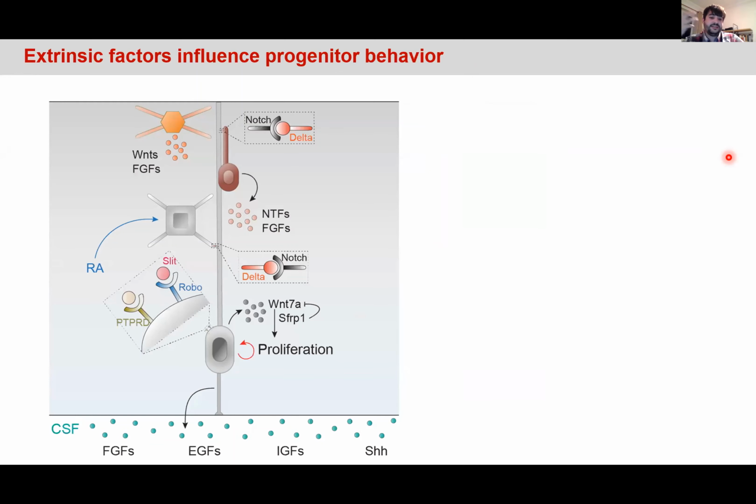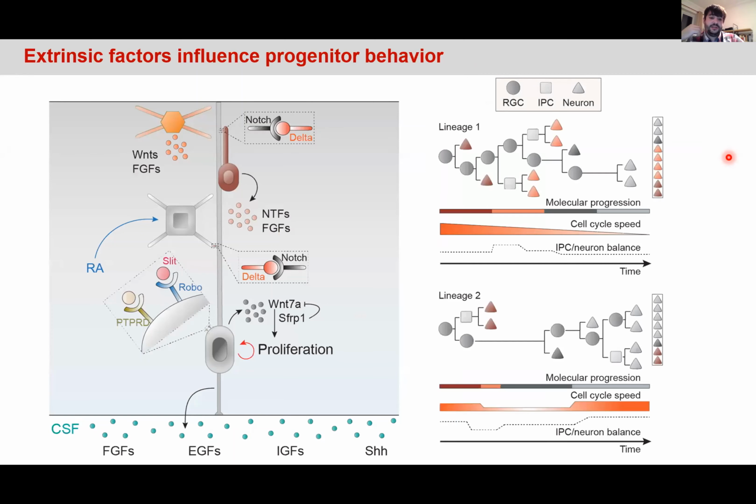So these cells are under the influence of many different extrinsic signals that are known to modulate different aspects of their neurogenic behavior. These signals are known to modulate the cell cycle speed of these cells, which can be differently modulated during different stages in their molecular progression. They can also modulate the intermediate progenitor cell versus neuron balance at these different points during their molecular progression, and also the length of the different competence states that these radial glia cells transit through.